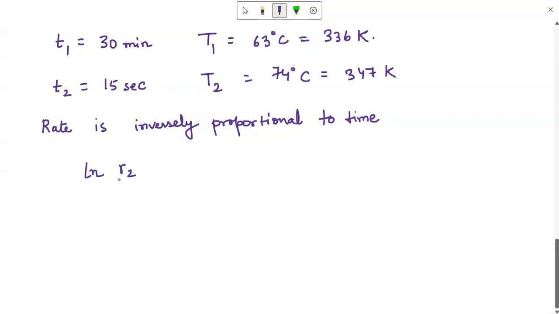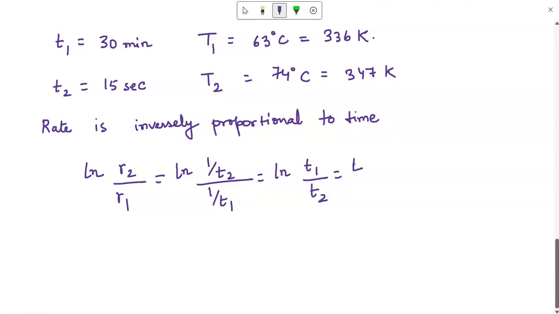Natural logarithm of rate of the second case to rate of the first case can be expressed as natural logarithm of 1 by t2, because inversely proportional, by 1 by t1, which again simply means ln of t1 by t2, equals E, which is the activation energy that we require to find, by R. R is the universal gas constant, multiplied by 1 by T1 minus 1 by T2.